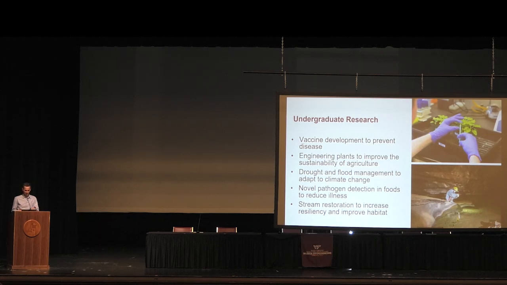Here's a list of different undergraduate research projects, all the way from growing plants to understand how they work and changing some of the genes inside of them, to measuring water quality in a karst cave system, to exploring water quality across Virginia, to thinking about pathogen detection in foods. So students have a lot of opportunities to get involved in undergrad research.